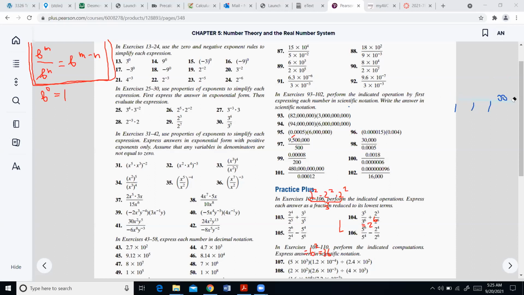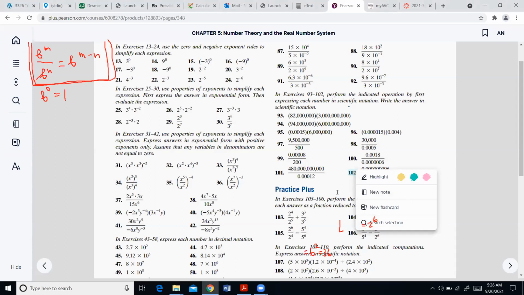Let's try something with scientific notation. Please notice that you have a calculator that you could use, right? Because, for example, doing a problem like 102 without a calculator is probably not going to make much sense. So if you want to divide these numbers, what are they actually?